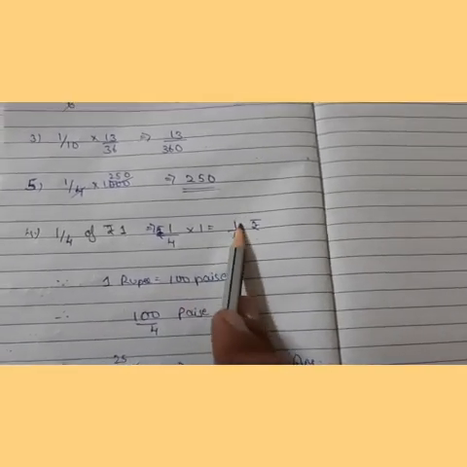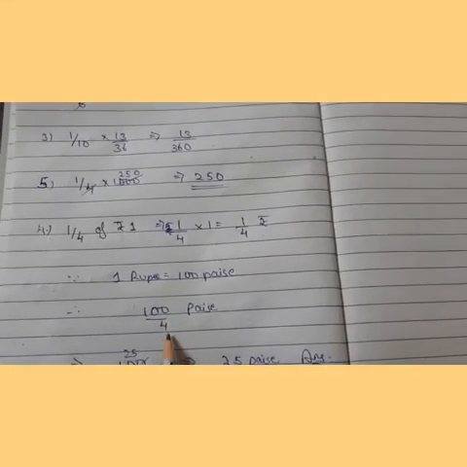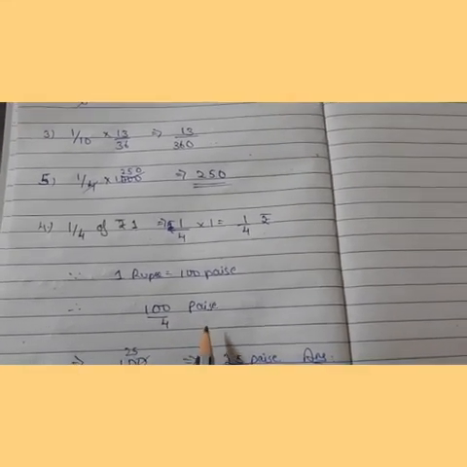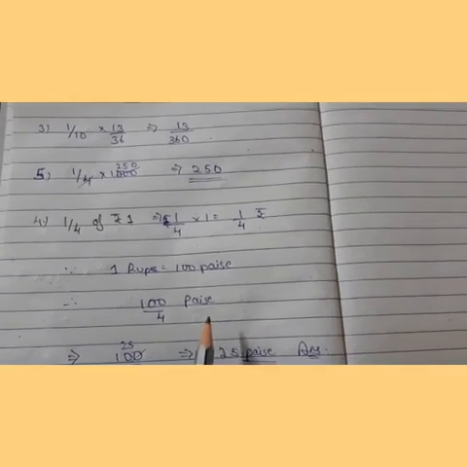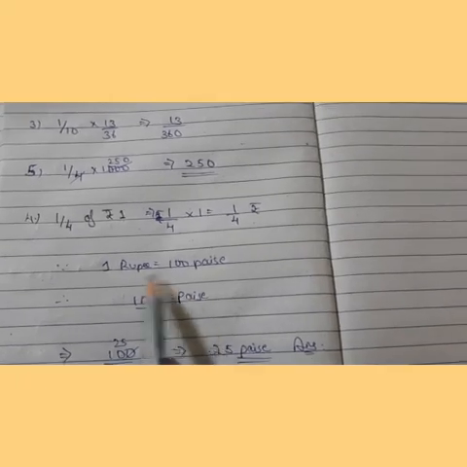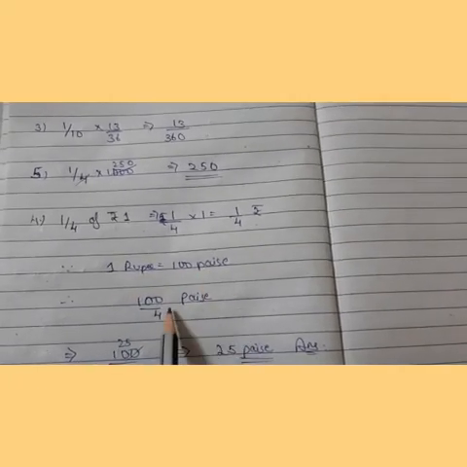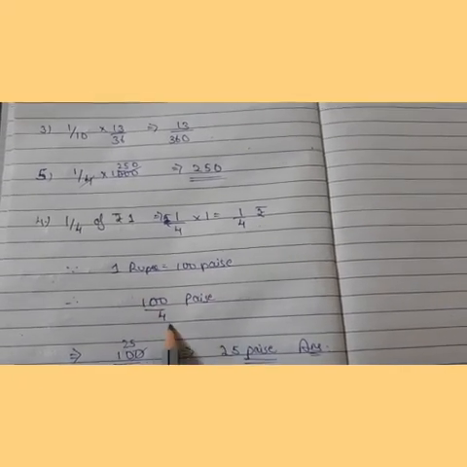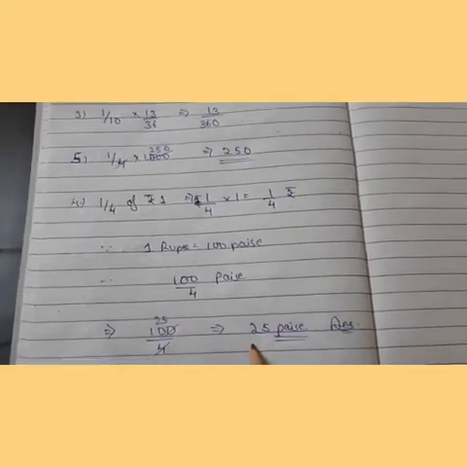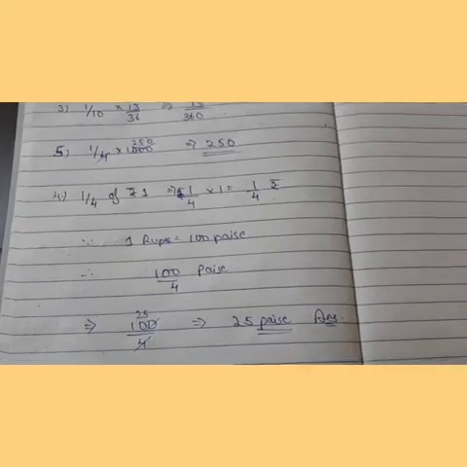So instead of 1 rupee, write 100 upon 4 paise. Now this is simply like a unitary method question. Cost of 3 pens is this, what will be the cost of 1 pen? Remember, we have done this in earlier classes. When you cut it, it will come 25. That means 25 paise. This will be your final answer.